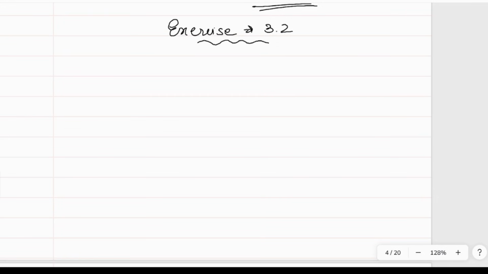So now we are going to solve the questions from exercise 3.2. From 3.2, we will first do the question. From the first one, we are going to solve the second one. Okay, that is s minus t equal to 3 and s divided by 3 plus t by 2 equal to 6.